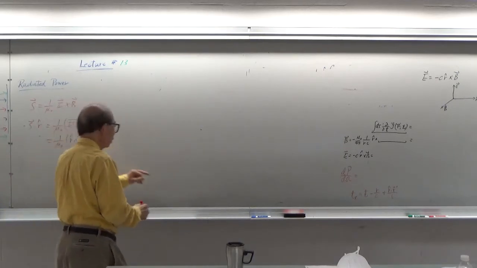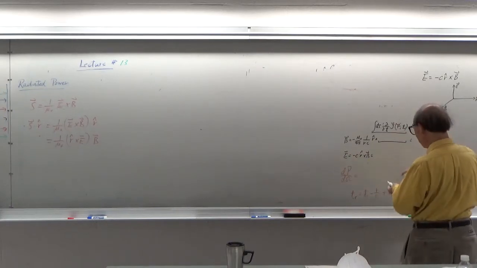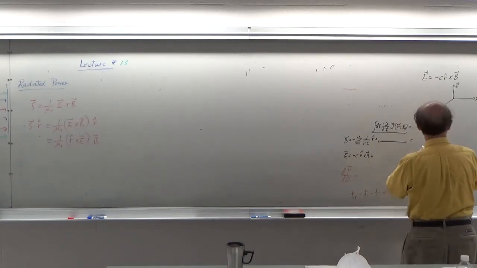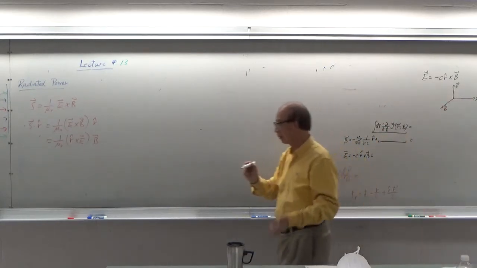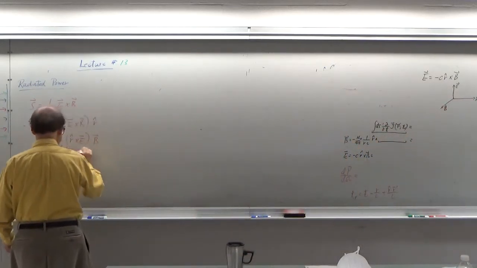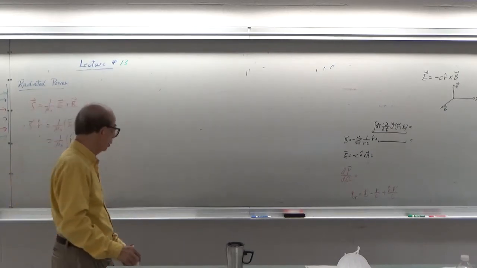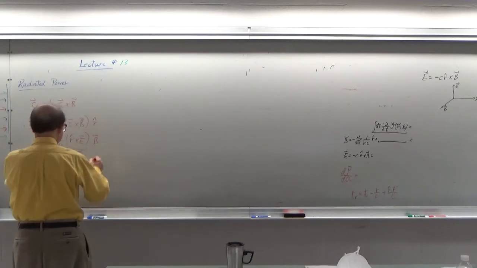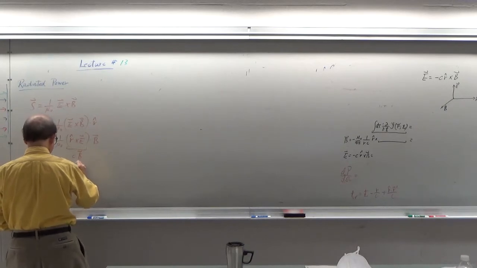But R hat cross E is nothing but B after the factor of C. So this is C B. So this whole thing is given by C over mu naught times B squared.